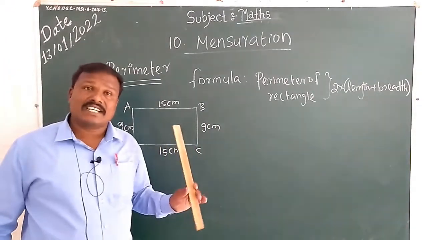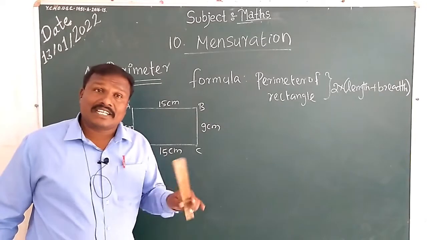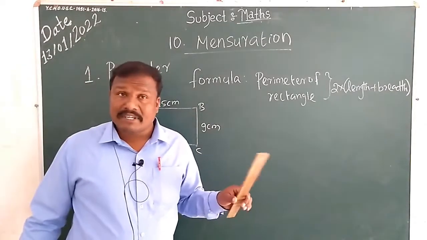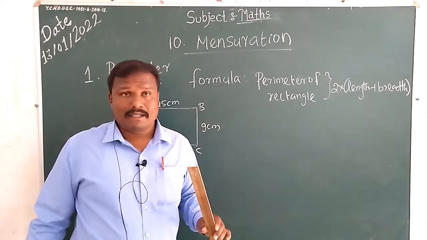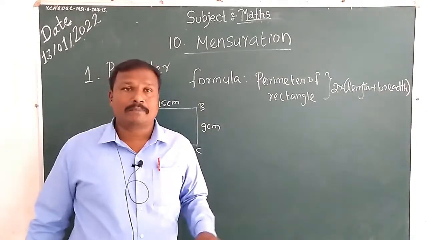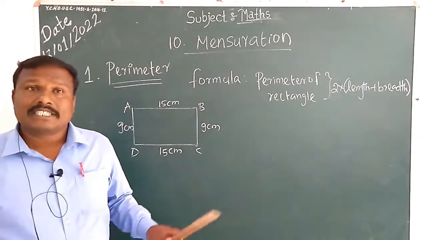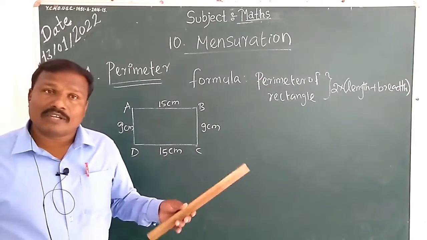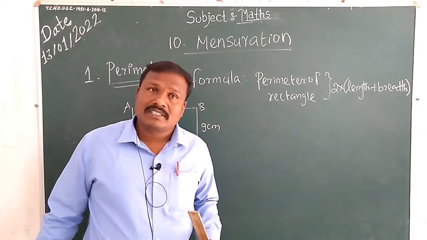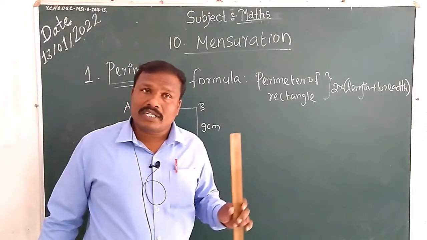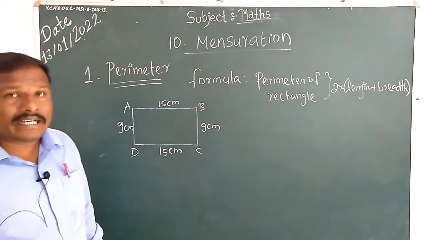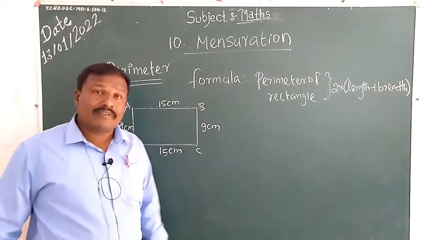You have to identify the question: find the perimeter of a rectangle, because they are giving length and breadth. Suppose they give only one measurement, say 14 centimeter, and ask for the perimeter of the given figure, then you have to remember it's a square. So rectangle means two measurements, square means only one measurement.